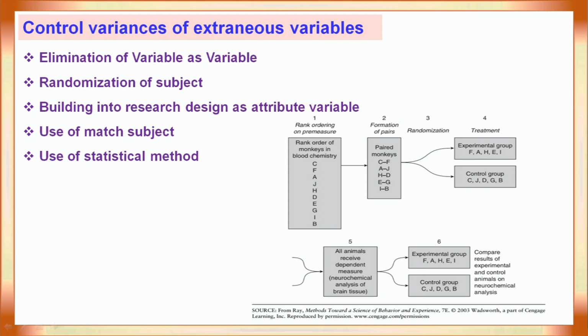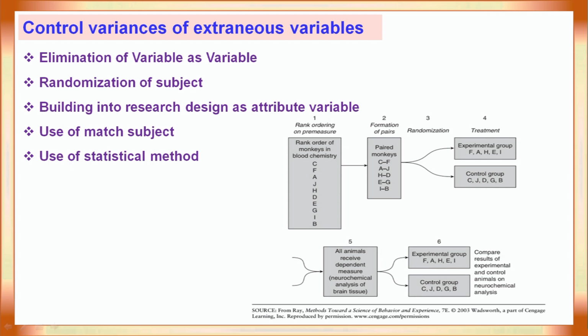Randomization means the random assignment of subjects to the different conditions, random assignment of the treatment to the different groups. In experimental research there used to be two groups. One may be your experimental group where you put a certain treatment, and another may be your control group, for observation purposes, or a different treatment is generally applied there.